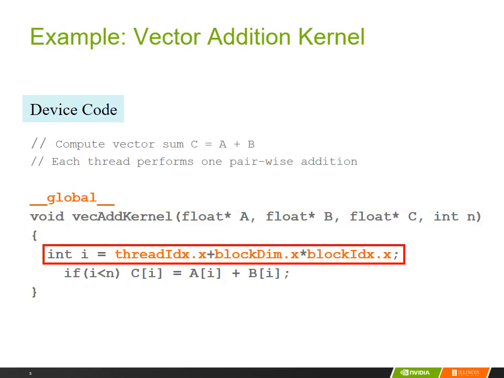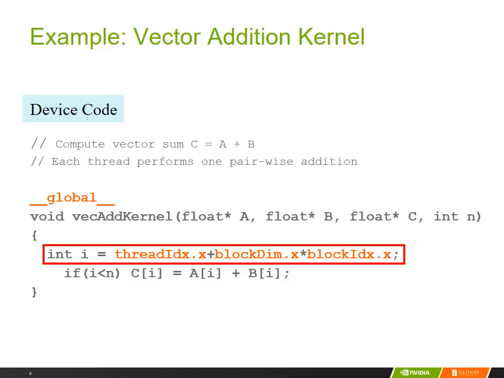Now we see there is a very familiar index calculation expression that we already introduced in Module 2. Recall that this index evaluation allows all the threads to form a uniform coverage of the integer values from 0 to the maximal value that we want, composed out of the block index and the thread index.